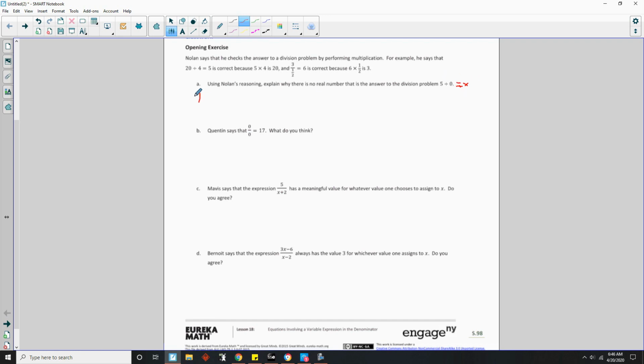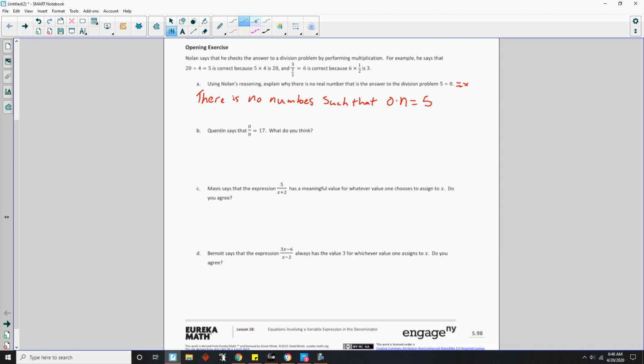And there's our reasoning. There is no number n such that zero times n equals 5. Okay, there is no number n times 0 that equals 5.